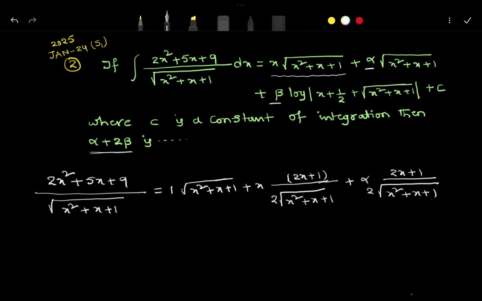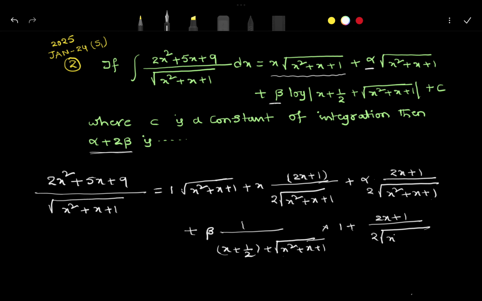And next plus beta into, the derivative of log form, 1 by (x plus 1 by 2 plus root of x square plus x plus 1) into the derivative of x plus 1 by 2, that is 1, plus the derivative of root x square plus x plus 1, which is (2x plus 1) divided by 2 root of x square plus x plus 1.